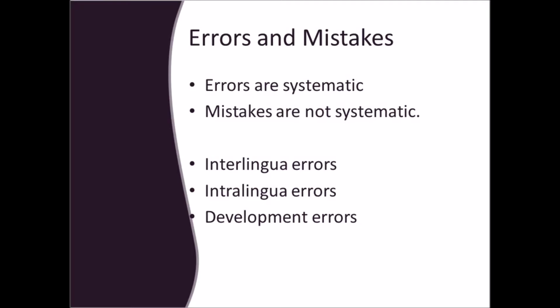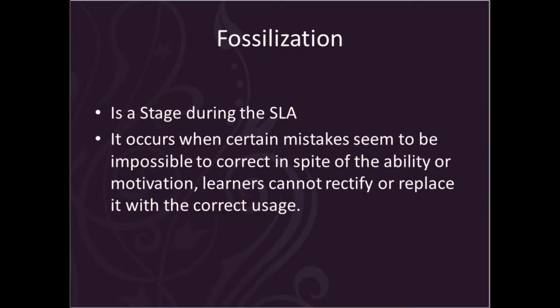Interlingual transfer are those errors resulting from the negative influence of the first language, and intralingual transfer are those errors resulting from the negative influence of the second or target language itself. Overgeneralization of rules.